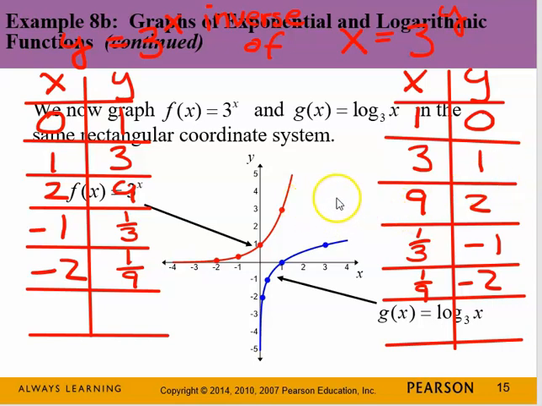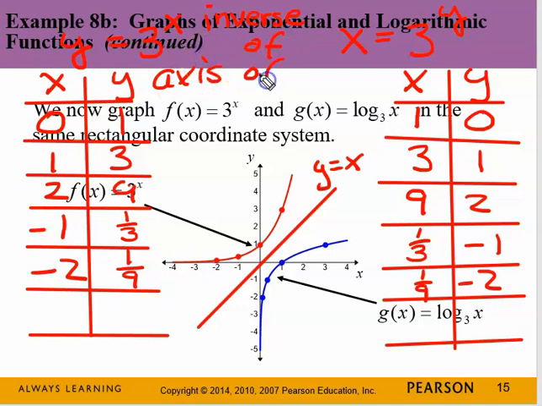Now, some other words I want you to put there. For instance, if you draw a line right through the origin, and whose equation is y equals x. So over 1, up 1, over 1, up 1, over 1, up 1 from an earlier lesson. This is called the axis of symmetry.